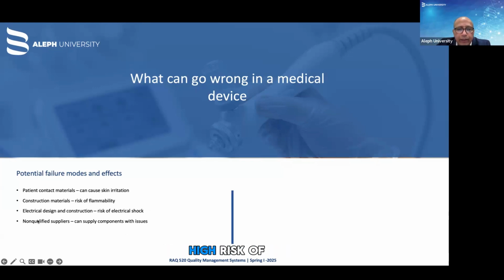So there is a high risk of using non-qualified suppliers if they don't have a quality management system, because they don't document and they don't follow procedures. Say, for example, with an electronic component, they can change the specifications and send you different components with different specifications. Then your electrical design is going to have issues. It's not going to behave the same.